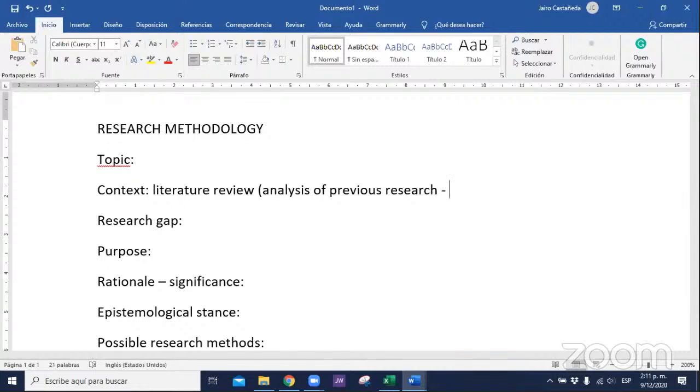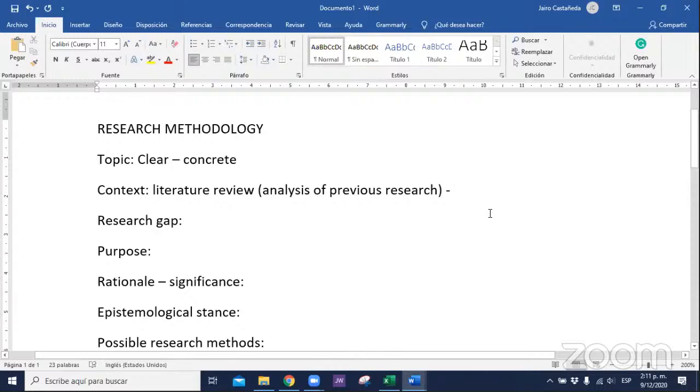And also we can determine what is happening with the context, the characteristics of those contexts. In this literature review, we can analyze what we want to talk about in the topic, that has to be clear, right? It has to be a clear topic and a concrete topic. In this analysis of the literature review, we can determine what has happened with this topic. And we can state what the context of this topic is nowadays, right?